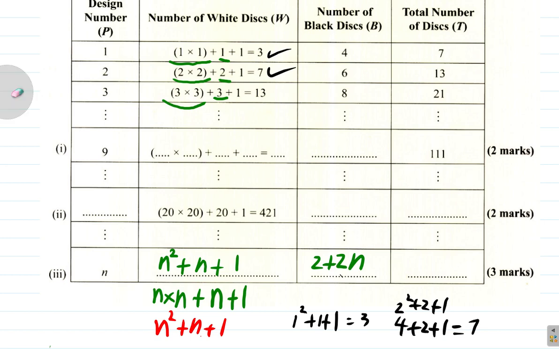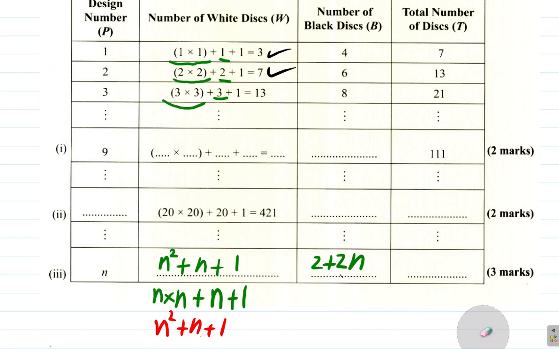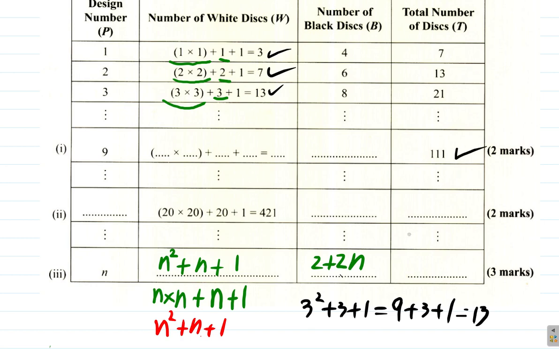13 from design 3. 3 squared plus 3 plus 1 will give us 9 plus 3 plus 1. 9 and 1, 10 and 3, 13. So we see that this is okay. Now, let's test it on this row.